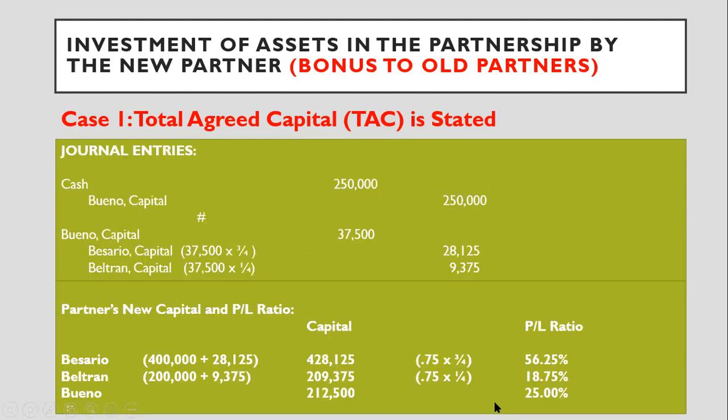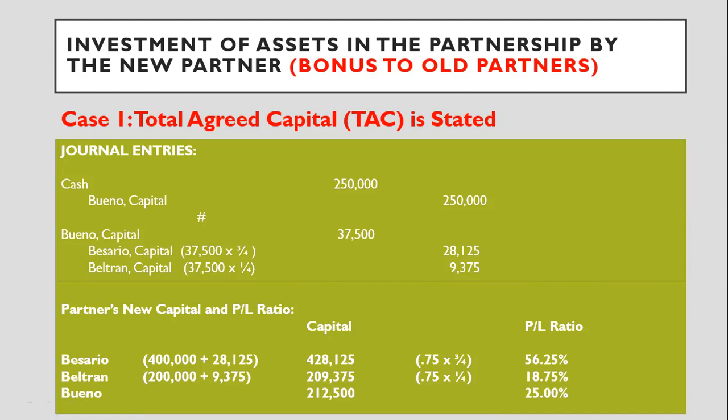So how do we journalize the investment of Bueno? First, we recognize the cash receipts: debit to cash 250,000 and credit to Bueno Capital 250,000. After that, we recognize the bonus given to the old partners. So it's a reduction from Bueno Capital, the new partner: a debit to Bueno Capital 37,500.